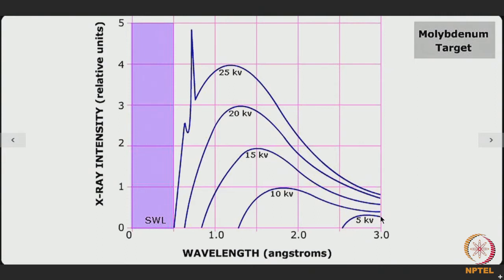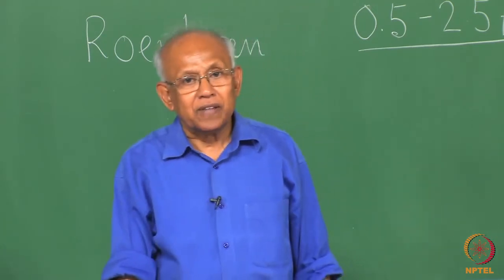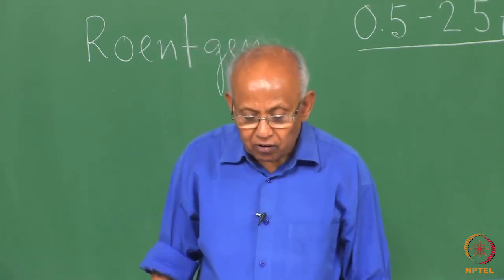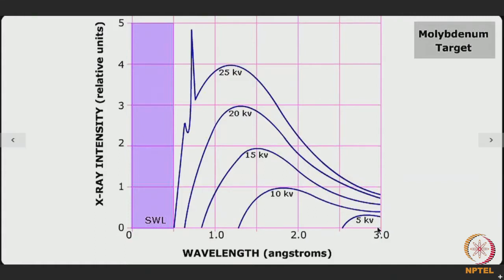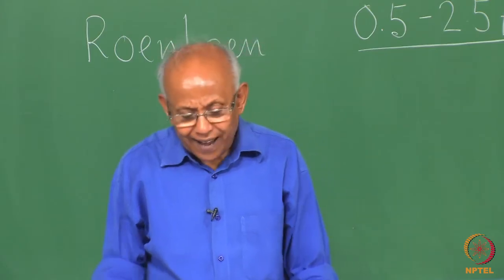Say we have maintained a potential difference between the anode and the cathode of the order of 5 kV. The radiation that is coming out of the tube is made up of a number of wavelengths, and the wavelengths are very close to one another.